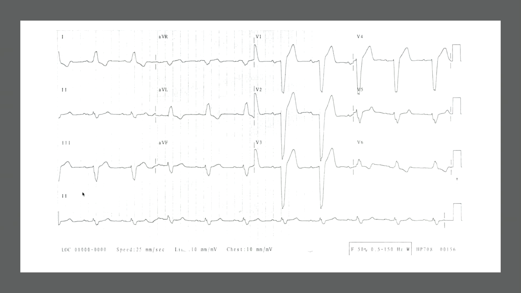Again, another example, if you look at leads V1, V2, V3, you've got that widened QRS, or that widened S segment. That S segment right there is greater than 120 milliseconds, and then you have that discordance with that ST segment. And then if you look at lead 1 and lead V6, you have that upright R wave with that discordant ST segment right after, which is classic for a left bundle as well.